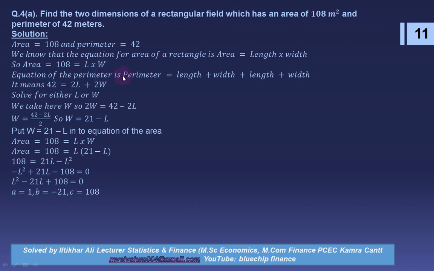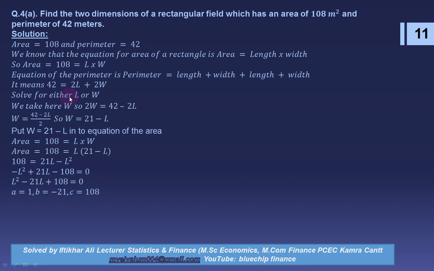And the perimeter is the 4 different sides of the area. As we know, there are 2 widths and 2 lengths. So we can say that there are 2 lengths and 2 widths. So 42 equals 2 lengths plus 2 widths.